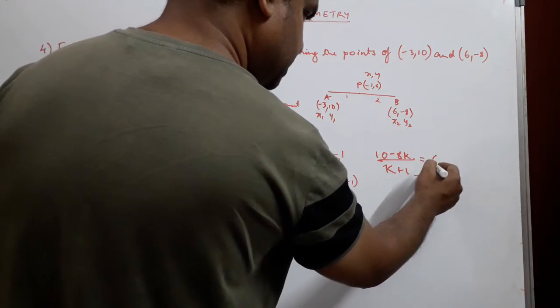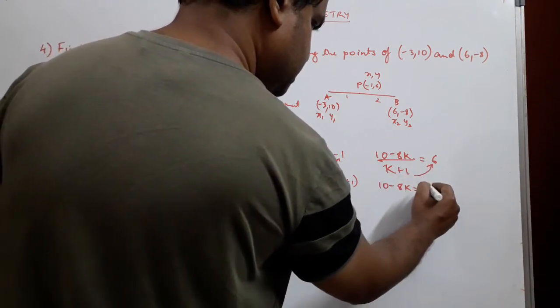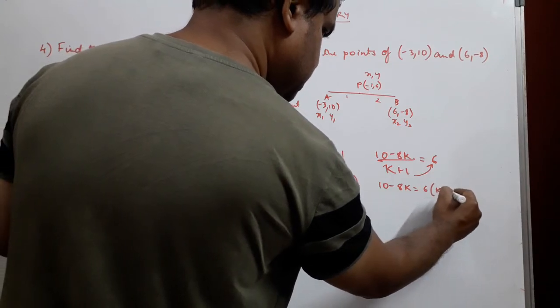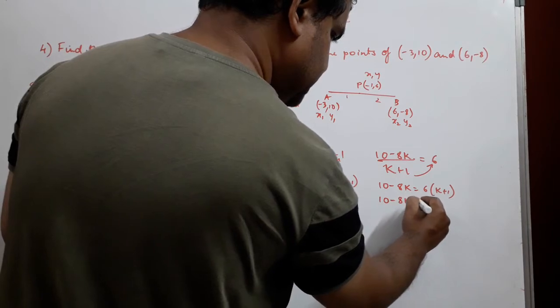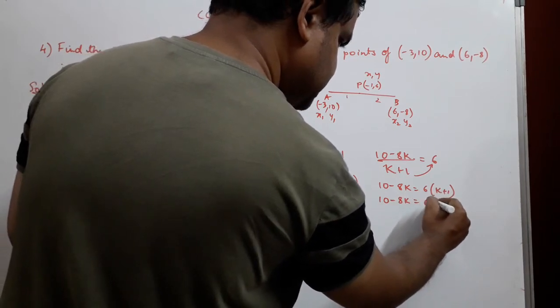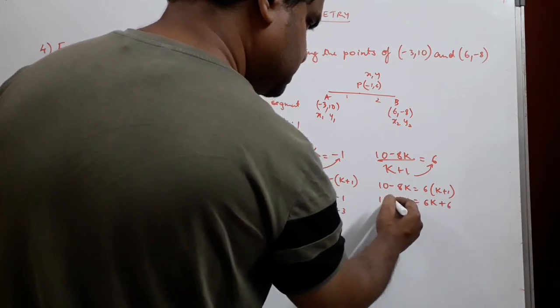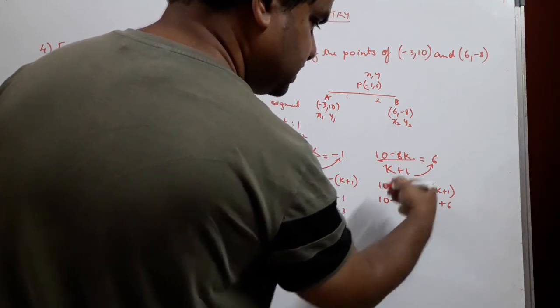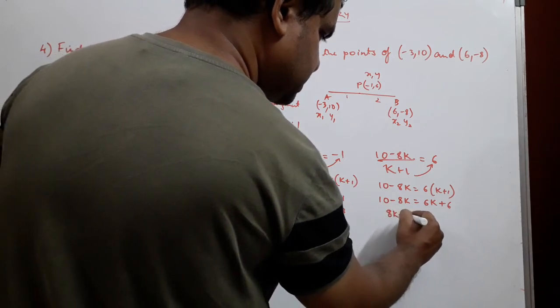So once again I'll multiply k plus 1 into 6. 10 minus 8k equal to 6 into (k plus 1), that will be 10 minus 8k equal to 6k plus 6. I'll bring -8k on the right hand side and it will become positive, so I get 8k plus 6k.